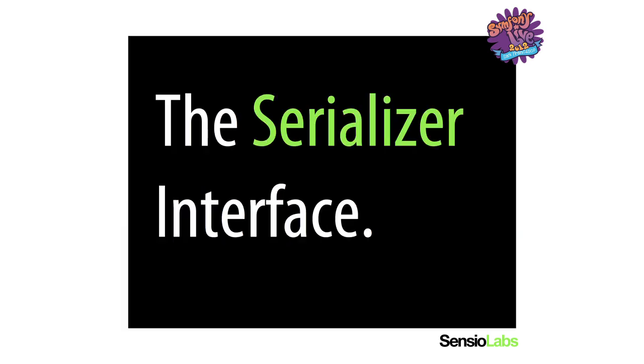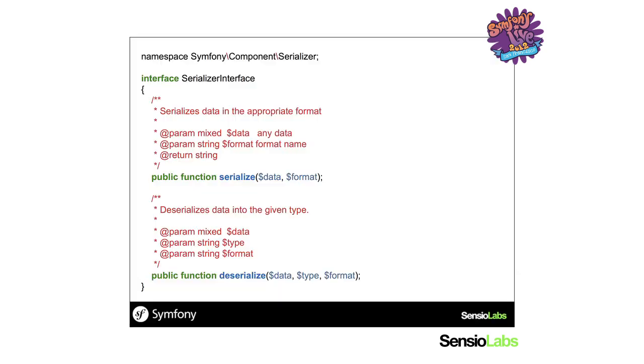So this serializer object responds to an interface, which is the Serializer Interface. So in the framework, you have the Serializer Interface that contains two methods: serialize. So serialize takes the data you want to serialize, so it can be an array or it can be an object, and the format in which you want to serialize.